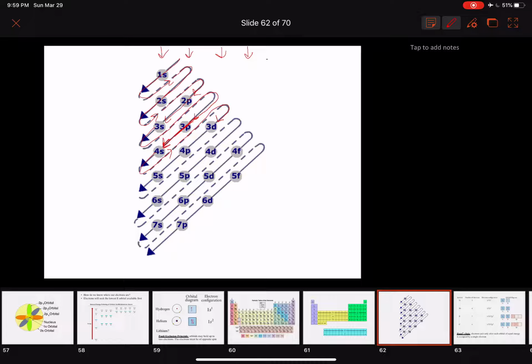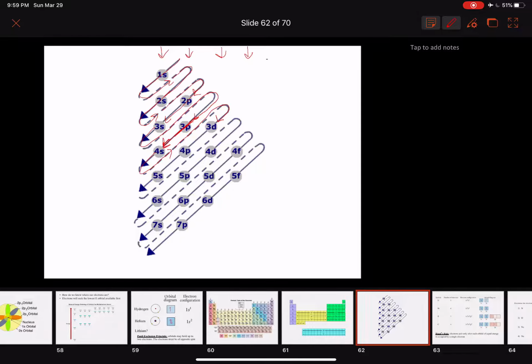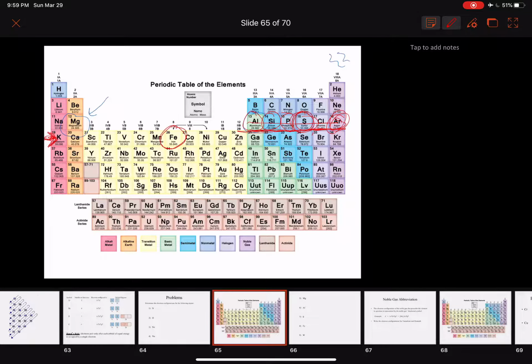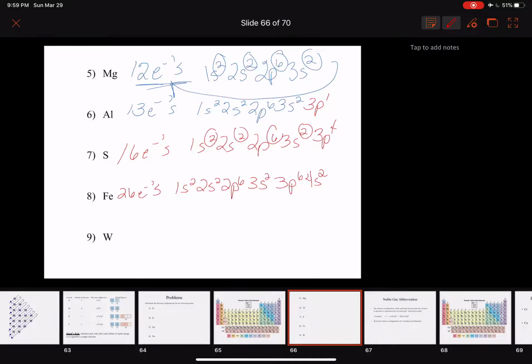So if we look at the periodic table, what we'll see is we have right here 4s2, that's an s, and then we have 3d 1, 2, 3, 4, 5, and then 6. So 3d6 for iron. So that's 3d6.